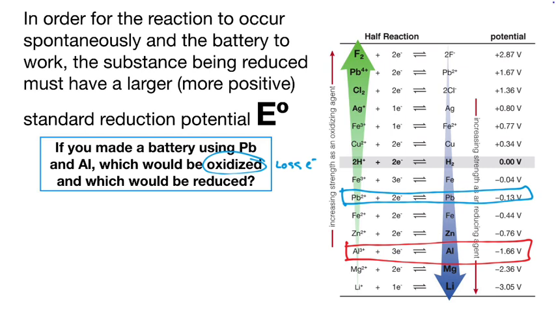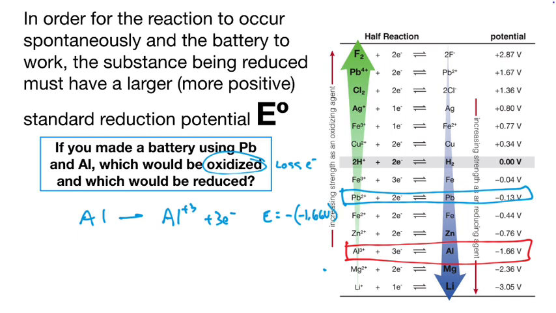So the suggestion is that our aluminum should be flipped to aluminum plus 3 electrons. If we go through and flip that, what happens to the cell potential? Because we're flipping that reaction, we're also going to flip the cell potential. It changes. So we're taking a negative times the initial negative 1.66 volts.